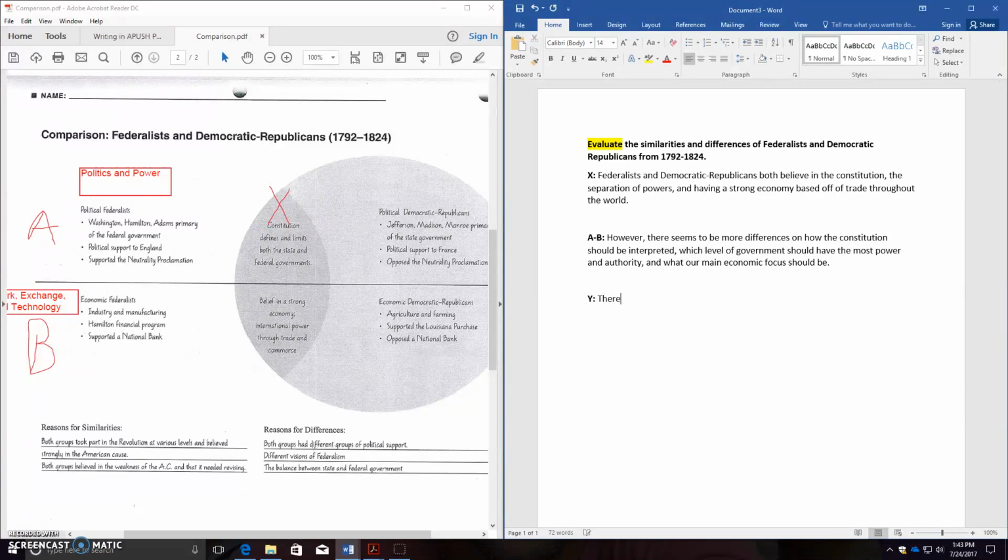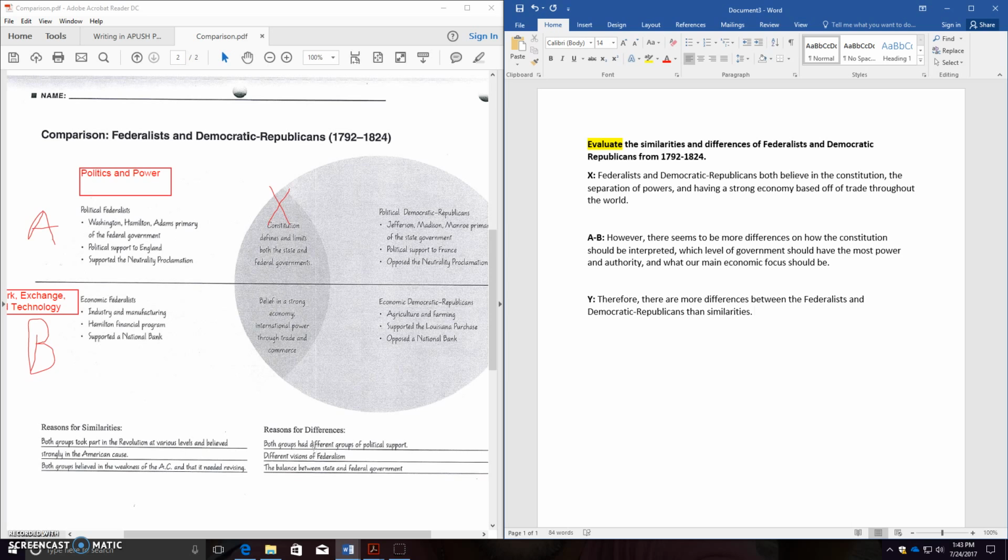All I wrote was, therefore, there are more differences between the Federalists and Democratic Republicans than similarities.